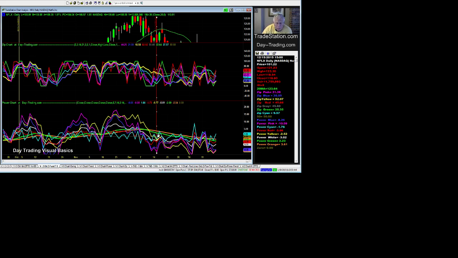And remember when I talked about the power chart orange and green lines, if they are above 0, they don't have the power that they have when they're below 0. That's a different way of describing it, but basically what I'm trying to tell you is that pullbacks can have more effectiveness when the orange and green power lines are above 0 versus under 0.